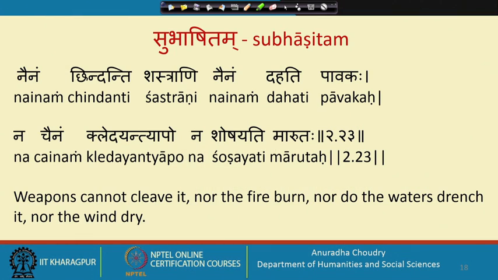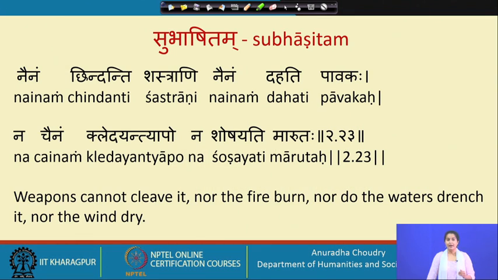Now let's do it together. Nainam chindanti shastrani, Nainam dahati pavakaha, Na chainam kledayantyapo, Na shoshayati marutaha.